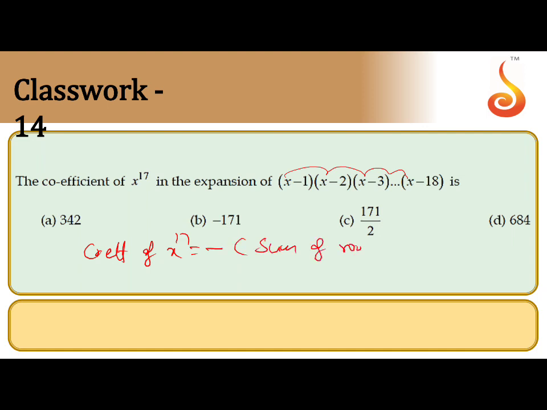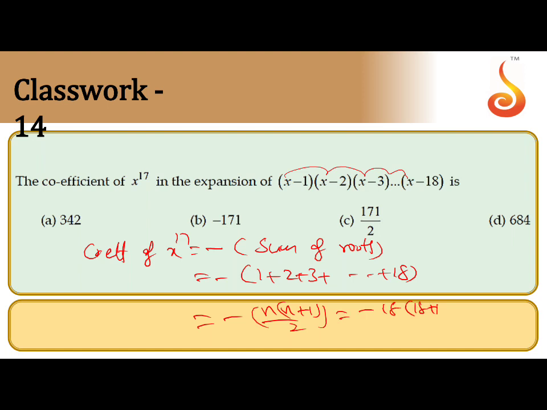What are the roots here? 1, 2, 3, 4, 5, 6. So 1 + 2 + 3 and so on plus 18. The sum of n natural numbers is n(n + 1)/2. Use this formula to get the answer: minus 18 into (18 + 1)/2. So this value is minus 9 into 19, which is -171.